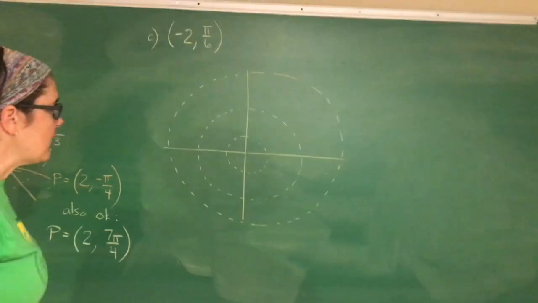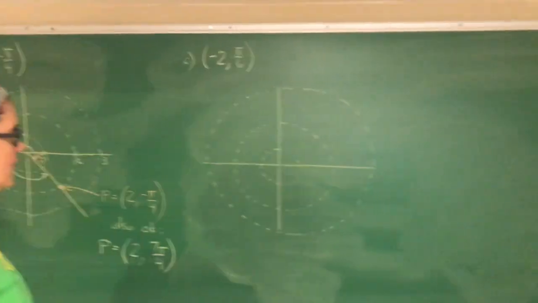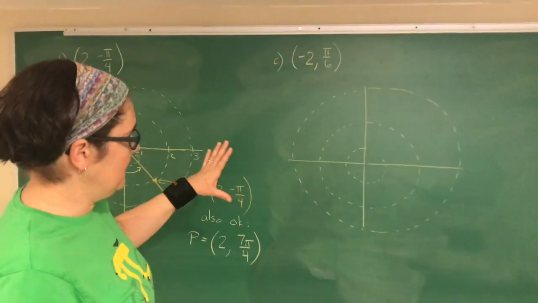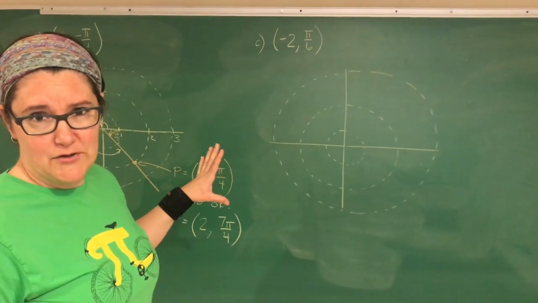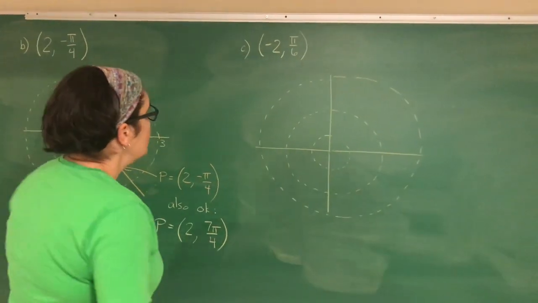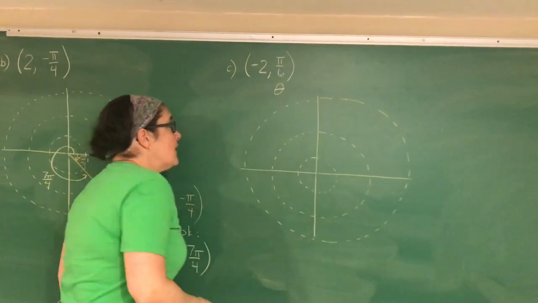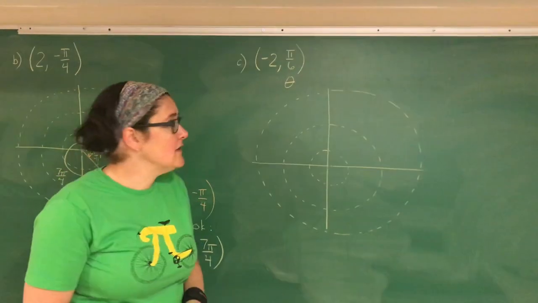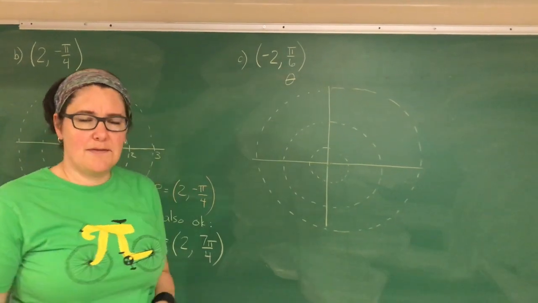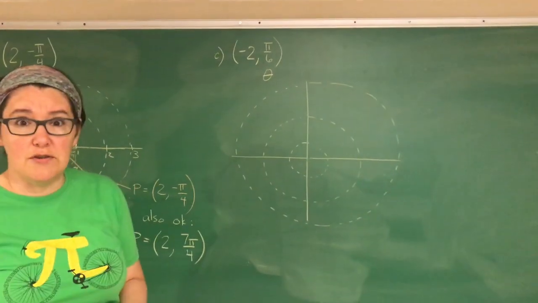Okay, so let's go back to our hand-drawn picture. Okay, so we have these 3 concentric circles. Looking at them from a little farther away, they're not perfectly drawn, but that's okay. All right, so we want to draw this point, and as I've done before, I look at the angle theta first, which in this case is pi over 6, and pi over 6 radians is 30 degrees.